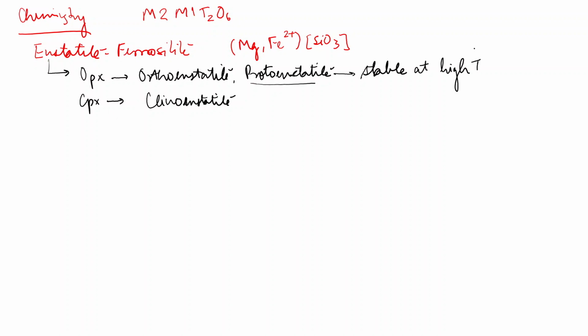Protoenstatite is stable at high temperatures. Orthoenstatite is stable at intermediate temperatures, while clinoenstatite is stable at low temperatures.